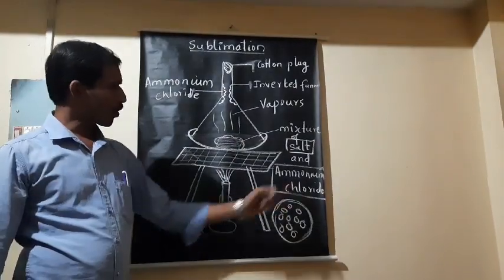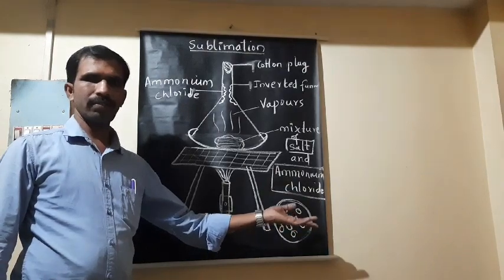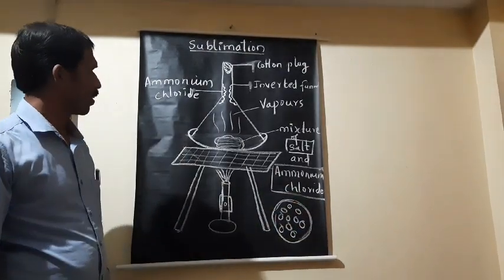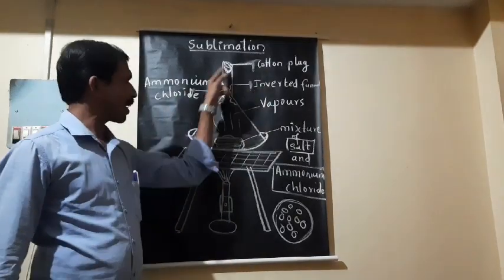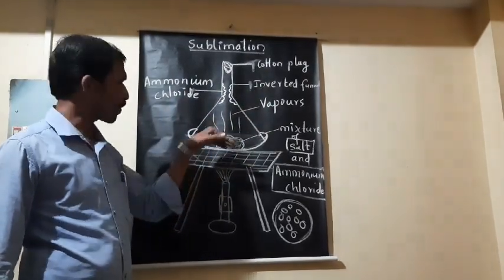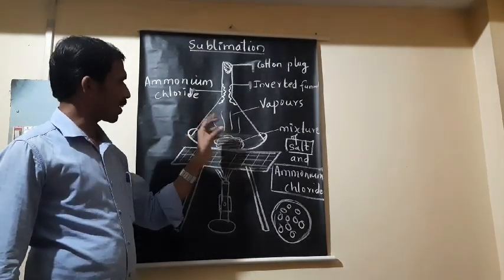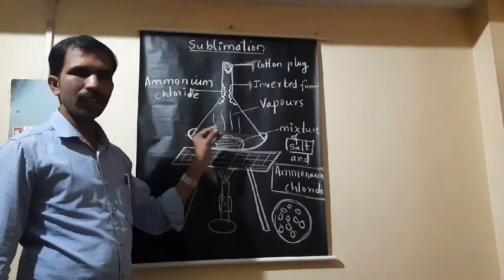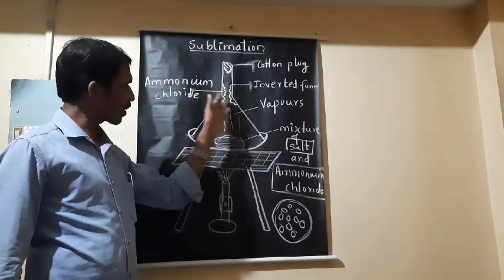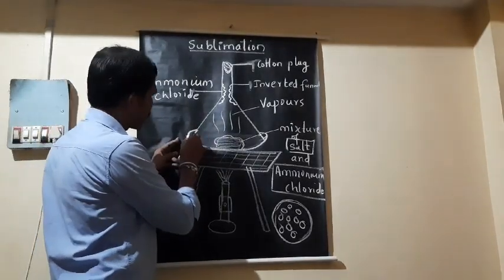Here ammonium chloride is a volatile solid. For this experiment setup we need a glass funnel. A glass funnel is best because you can see what scientific phenomena happen inside the funnel. We also need a watch glass.